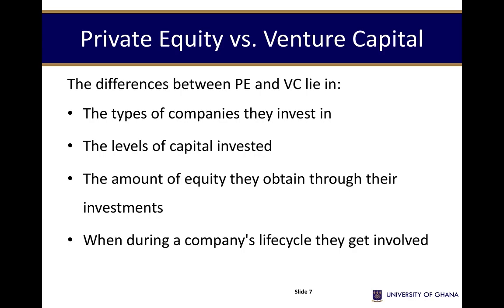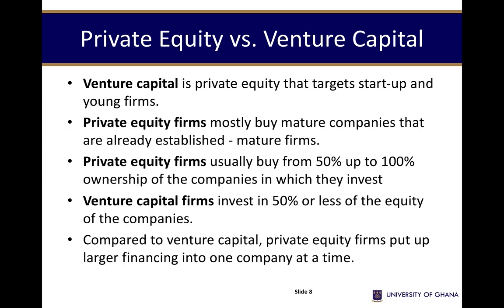First and foremost, in the types of companies they like to invest in, the levels of capital that they normally invest, the amount of equity stake they obtain through their investment, and the point of the company's life cycle that they like to get involved in. So when it comes to venture capital, venture capital targets startup and young firms. Private equity will target mostly mature firms that are already established.